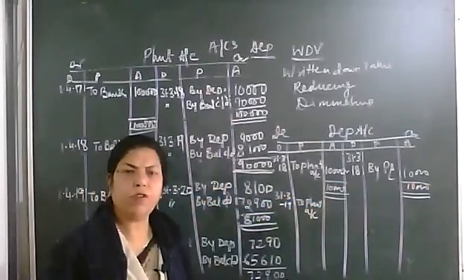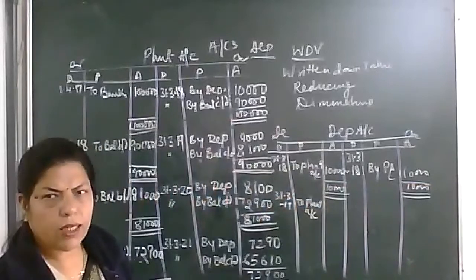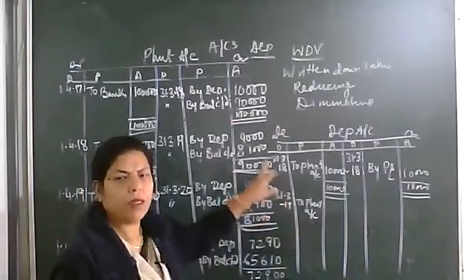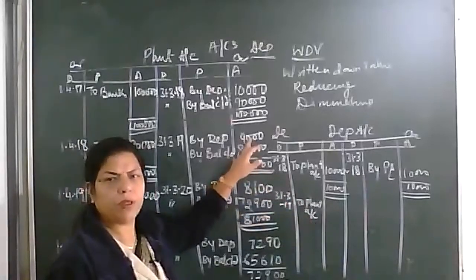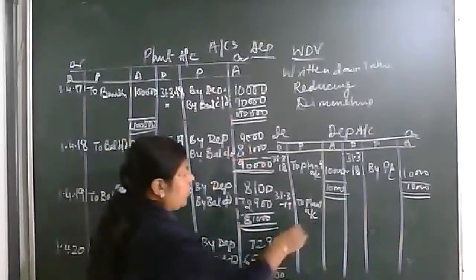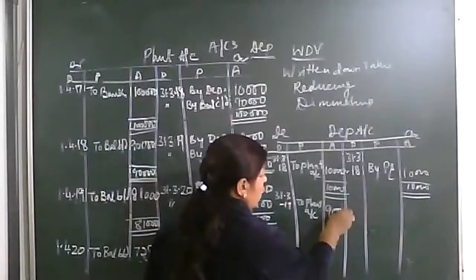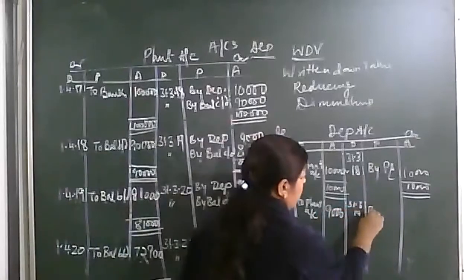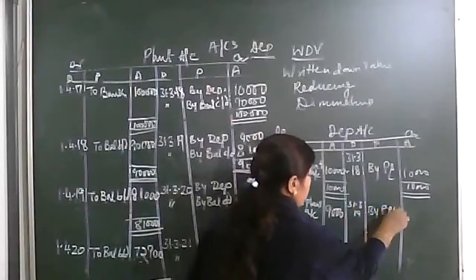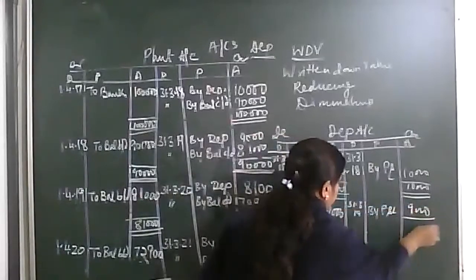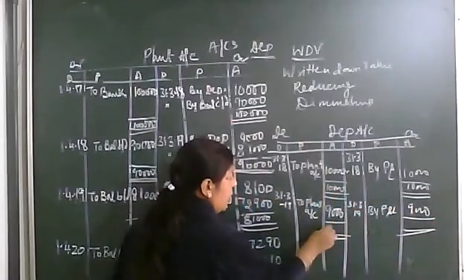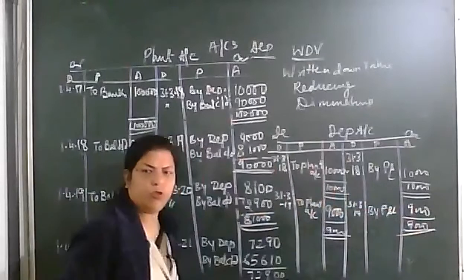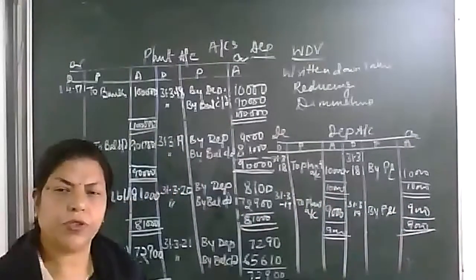But for the second year, what will be the amount? Yes, Anchal, what will be the amount for the second year? From here, that is 9,000. Same 31st March 19, by P&L account again 9,000. By the same day, we have to make it for 4 years.